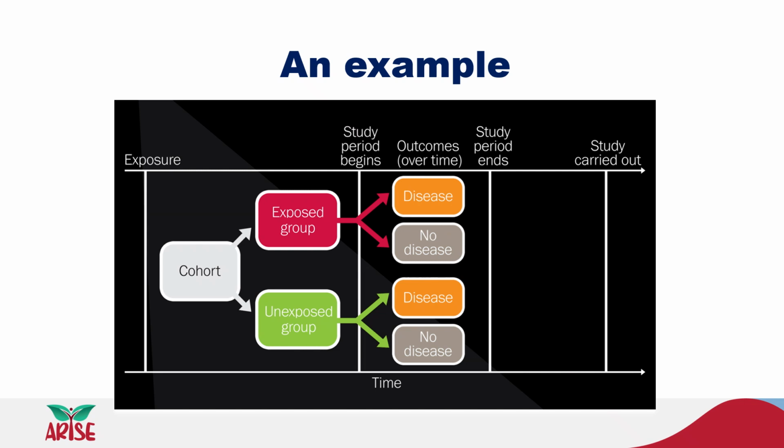We use a number of questionnaires or screening tools to assess various risk factors or exposures that we think may be causing the depression. Then we assess whether they develop depression at various points in time throughout their pregnancy. At the end of the study, we compare the characteristics of those who had developed depression to see which exposures may be contributing to the outcome, in this case, depression.